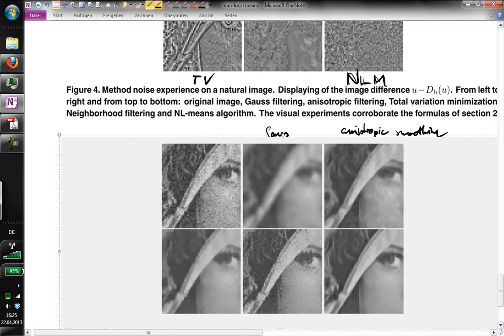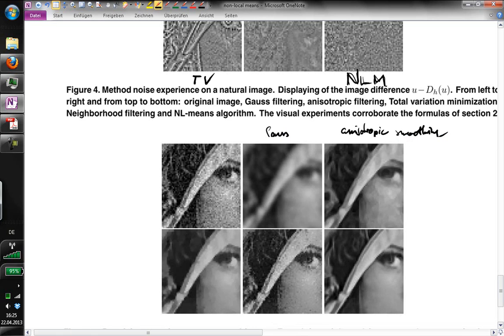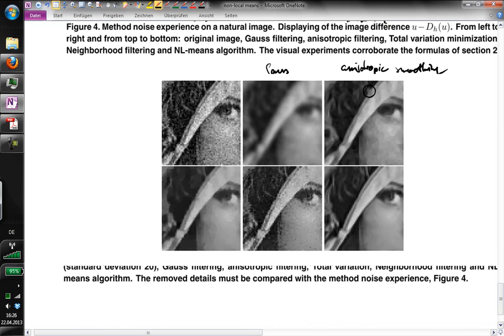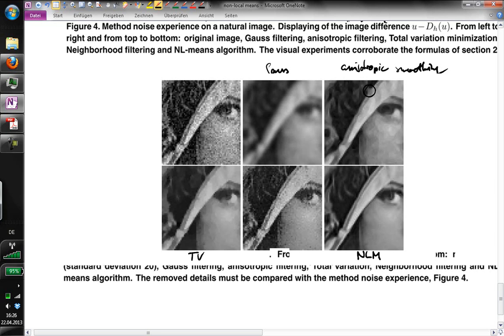For example, it looks like at this position of the head, the edge strength was not sufficient. So the head starts to bleed out into the hair, whereas in the other locations it was retained. Then there is again total variation, another method, and there is non-local means. To go from the noisy image here to that one there, I think it's a very nice reconstruction.